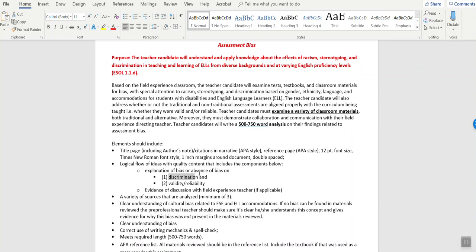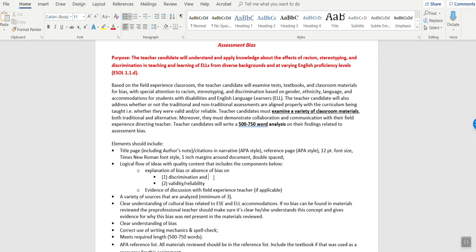So when you look down here at the explanation of this assignment, this is that first type of bias. It's discrimination bias. So you're looking through your materials, especially your assessment items, and you're trying to determine, is there anything that would discriminate against a specific type of people group? And oftentimes our materials today are pretty sensitive to bias, and you don't end up finding a lot of examples.